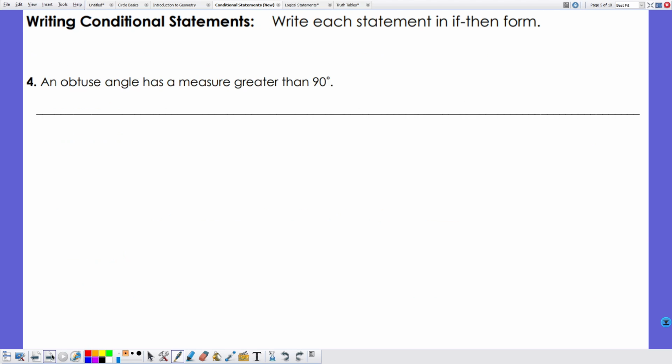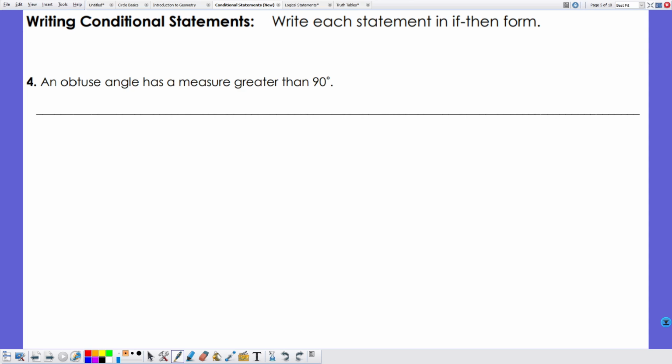Now, this is asking us to take each statement and then convert it into if-then form. So our statement is an obtuse angle has a measure greater than 90 degrees. So let's think we have to break this down into hypothesis and conclusion.